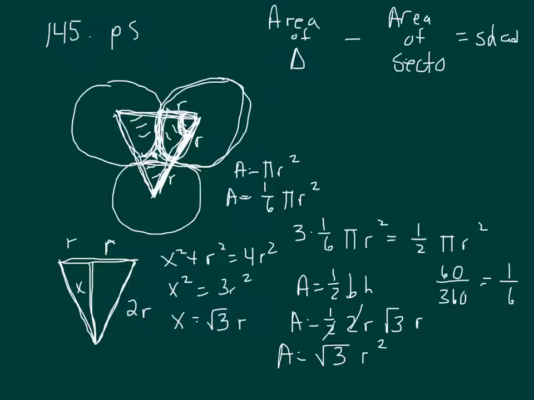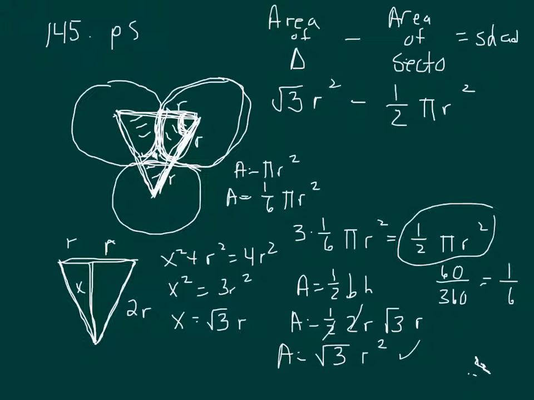Let's go back to our original formula. What was the area of the triangle? The area of the triangle is square root of 3 r squared, minus the area of the sectors, which is this piece here, minus 1/2 pi r squared.